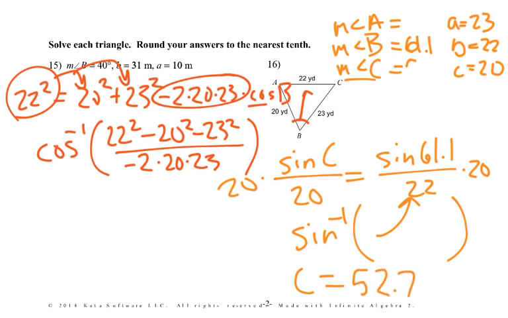So angle C, 52.7. So I go 52.7 plus 61.1. Subtract that from 180. And I get my third angle, 121.3 degrees. And there's my full triangle. And that's how I can use the law of cosines with the law of sines.